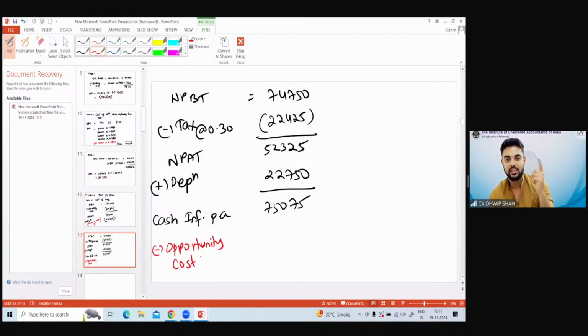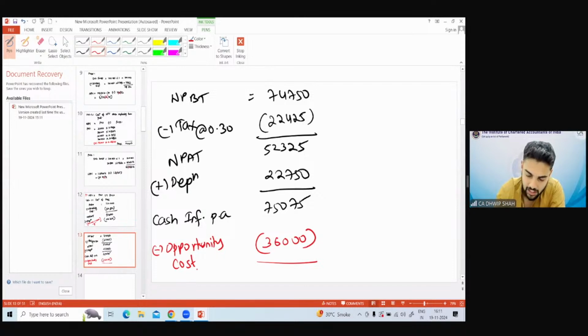But as far as investment decision or FM is concerned, opportunity cost is relevant. So opportunity cost is a cost. I need to subtract it from inflow, 36,000. Correct? So my relevant cash inflows after tax is how much?